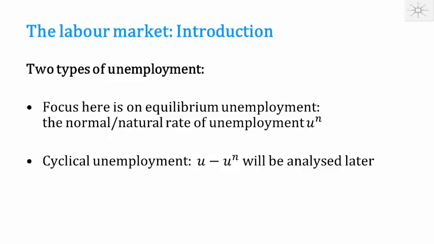Over the business cycle, unemployment may be higher or lower than the natural or normal rate. And we call that deviation cyclical unemployment. So if that is positive, then we have more unemployment than usual. If it's negative, we have less unemployment than normal. But that we come to when we study the short run.